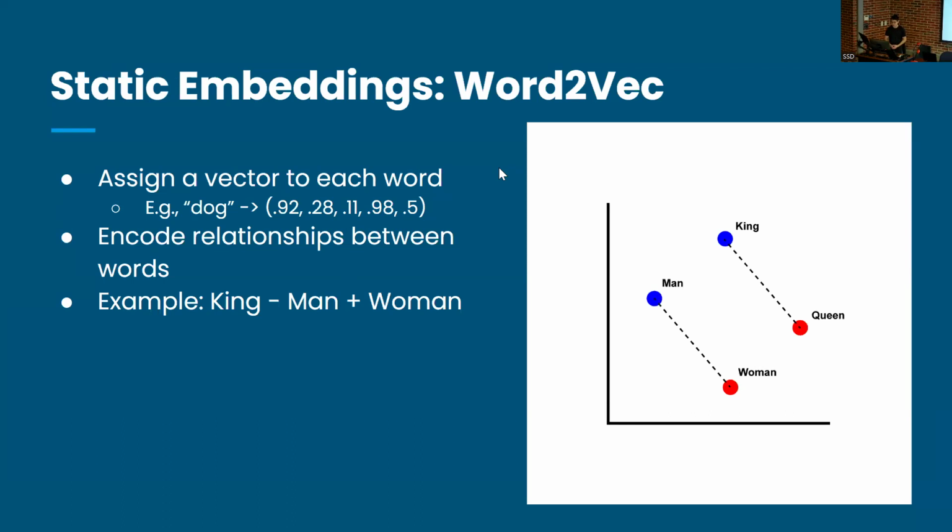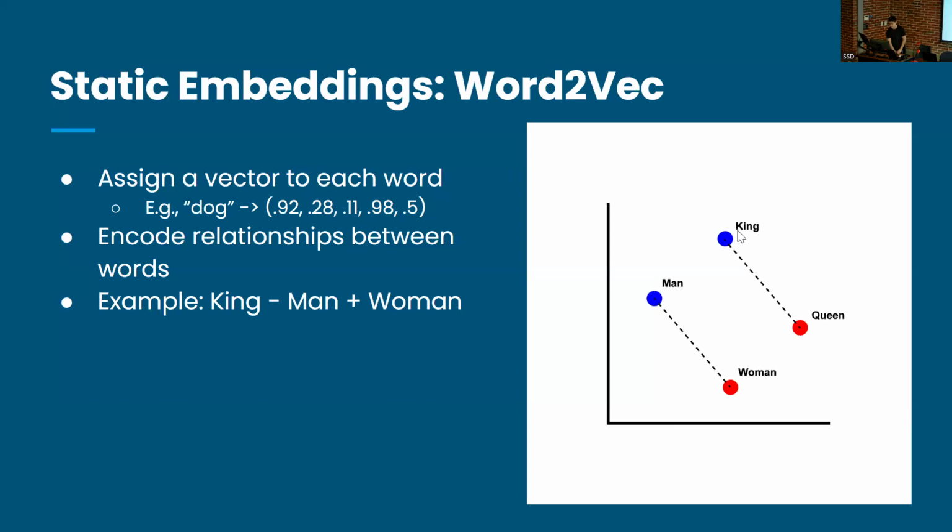For example, you know how in math you can add 2 vectors and subtract 2 vectors. In the same way, we can convert the words king, queen, man, and woman into vectors. And we can use mathematical operations on them, right? So for example, what is king minus man plus woman? You'll get queen, right?